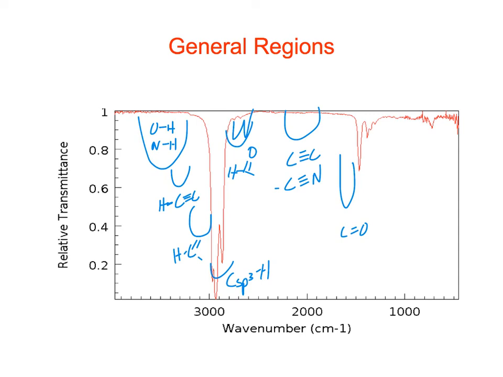And then down at like 1,000 to 1,200, we can see the carbon-oxygen stretches. If we know these, we can get by with most of what we need to do. But there are much better tables in the text too. All right, this will be our whole one day of IR.